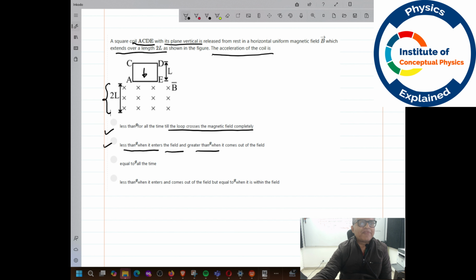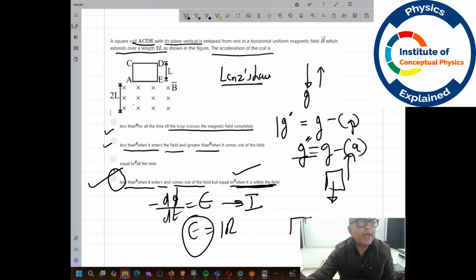Now, you definitely know that if the coil enters the magnetic field, Lenz's law will kick in, which means the loop is going to experience a repulsive force upwards as it enters the magnetic field.